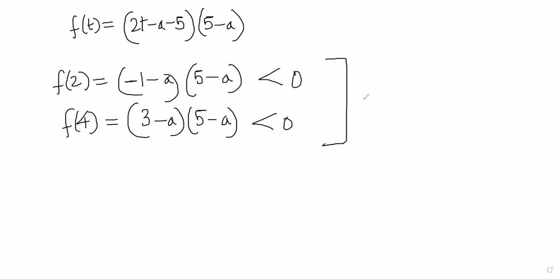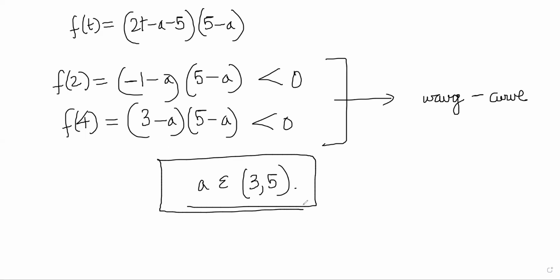We can solve both of these together by the wavy curve method and find the range of a. If you solve it yourself, you'll realize that a belongs to (3, 5), and that is the solution of this inequality. How did we get this? Remember, we had 2^x in the beginning.